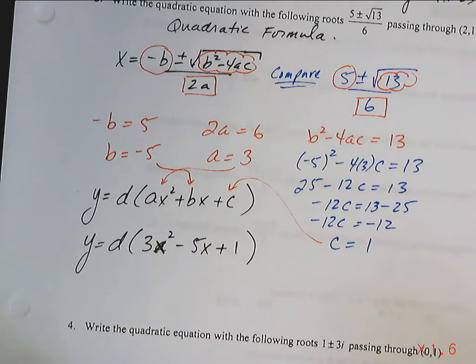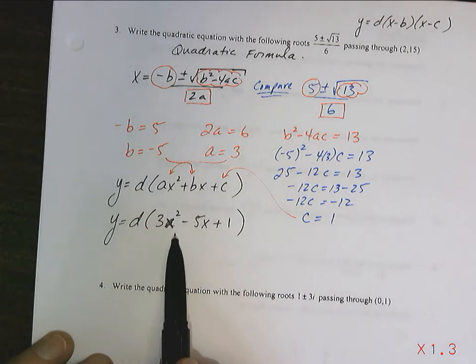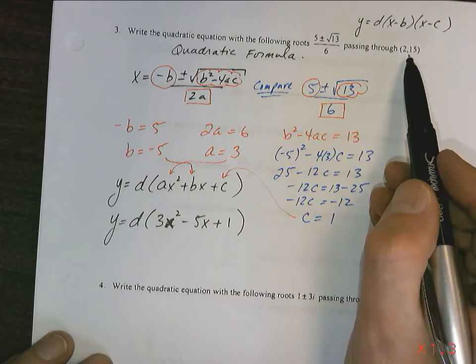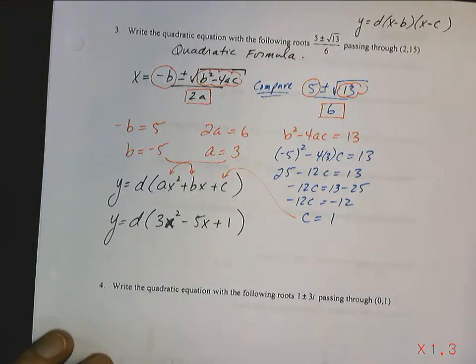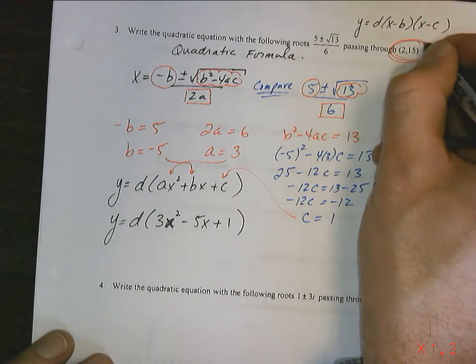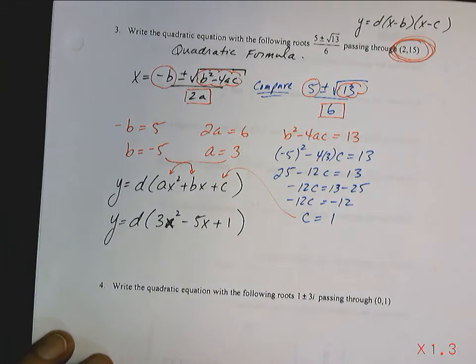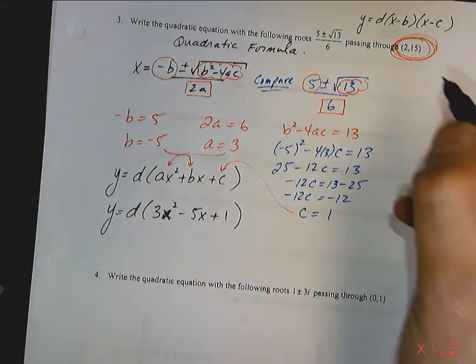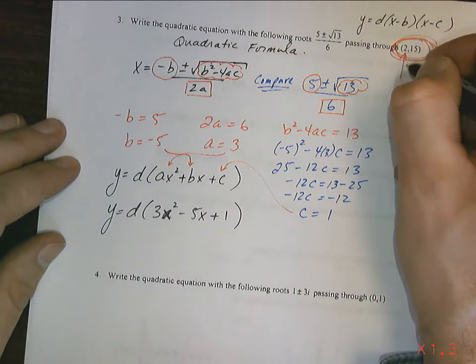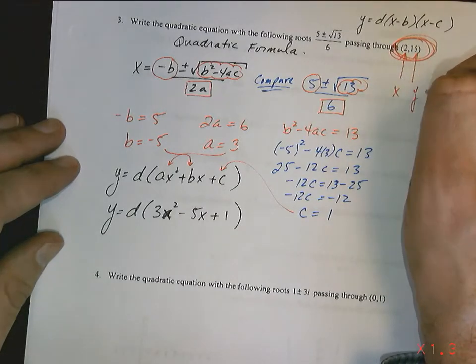Now the question goes on a little bit. The question's asking me to find the exact equation. So the exact one is going to pass through this point. I'm going to plug in my x value here, and my y value here.